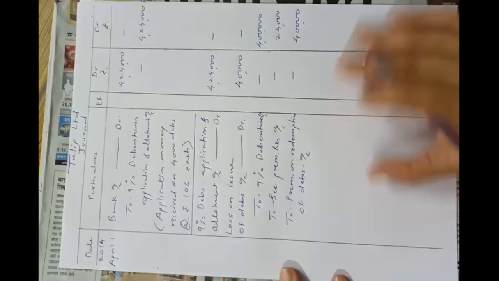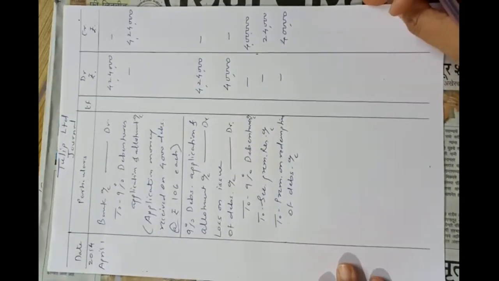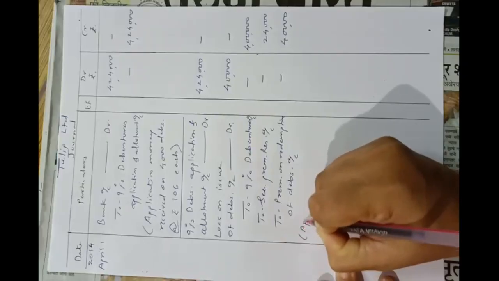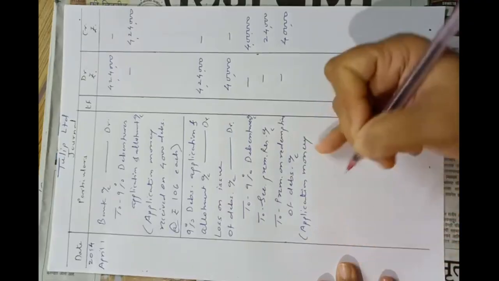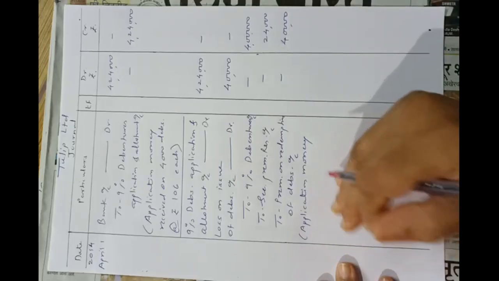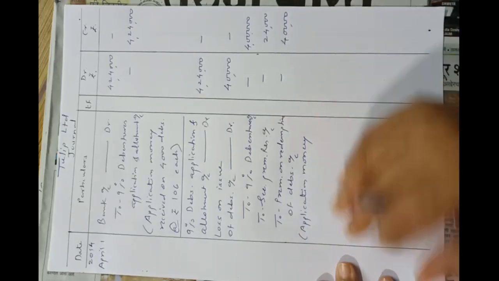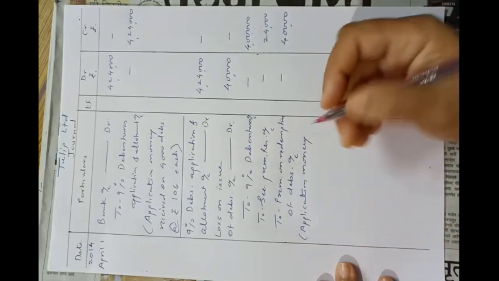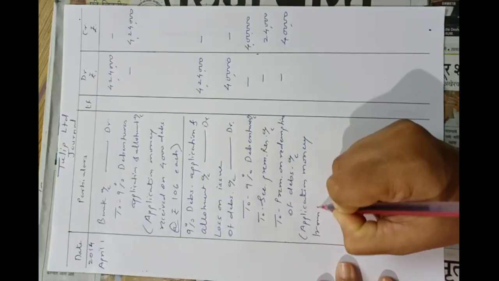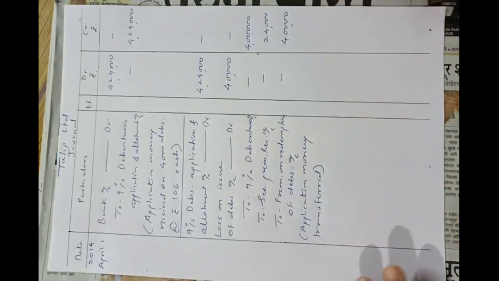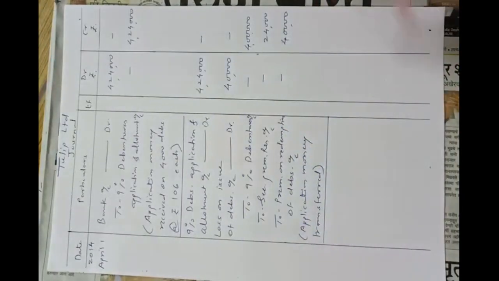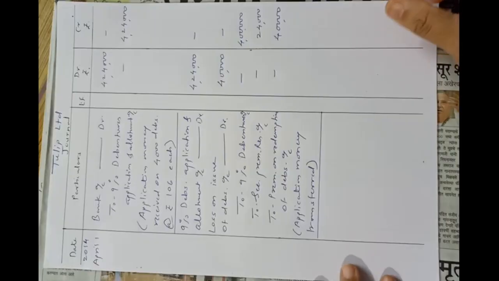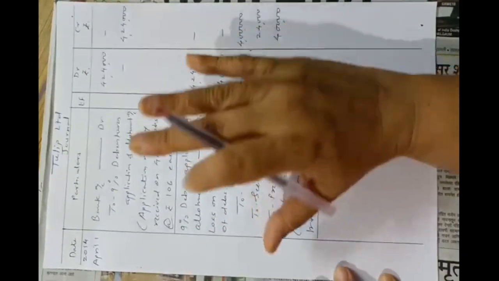This premium at the time of redemption is lost to the company, so it is debited to loss on issue of debentures account as usual. Okay, so application money adjusted or application money transferred or issue of 4,000 9% debentures at 6% premium and redeemable at 10% premium, you can write everything like this also. In the previous problem I was writing all the detailed narration, because I had to teach you how narration is written, meaning of narration, etcetera. These two entries are of issue of debentures.